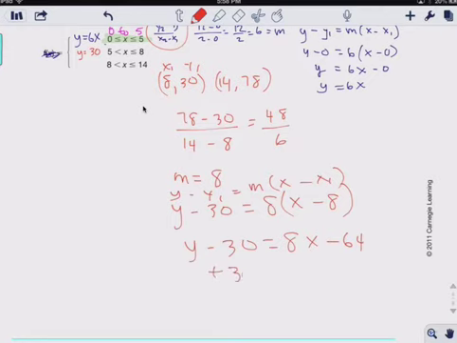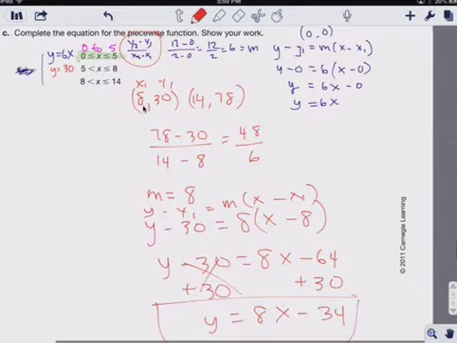Add 30, add 30. y equals 8x minus 34. That does not look right. Yes, it is right. So sorry.